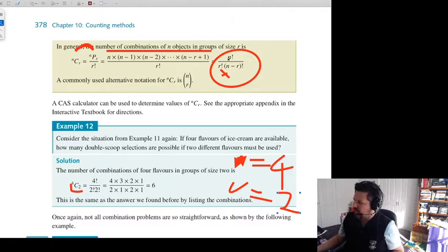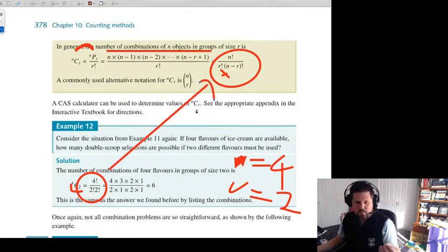Plugging these values in, you're going to have 4 factorial on the top line. On the bottom line of the fraction, you're going to have R factorial, which was 2 factorial, multiplied by n take away R. In our case, n take away R is 4 take away 2, which is 2 factorial. So that's where that comes from. It's from that rule up there.